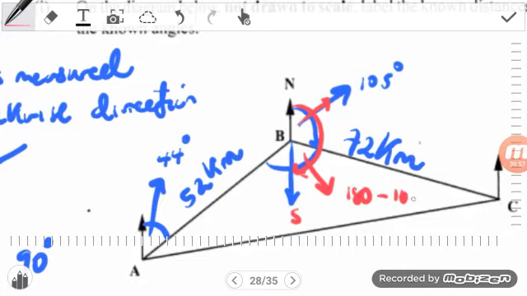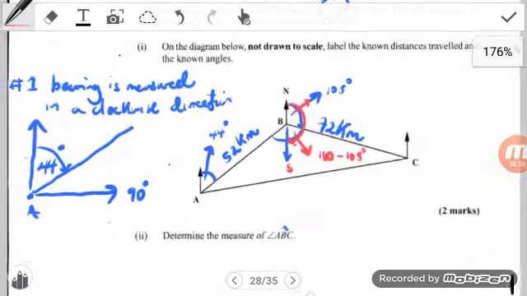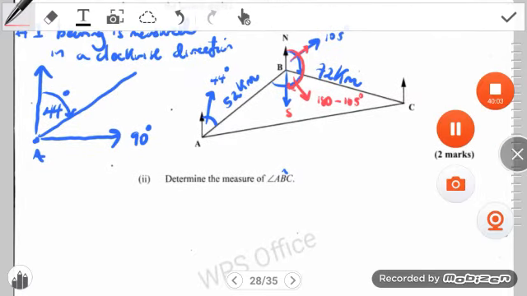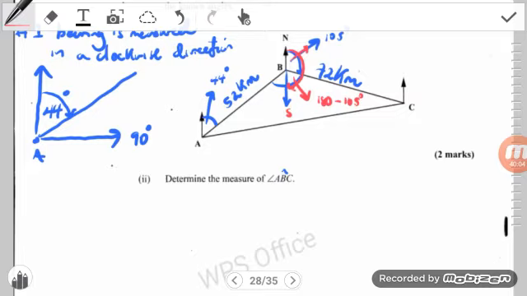I know that for a fact. So let's write it down here. That's going to be 180 degrees minus 105, and that's going to be equal to 75 degrees. So this aspect of this angle right here is 75 degrees. So we're going to need to find this portion.